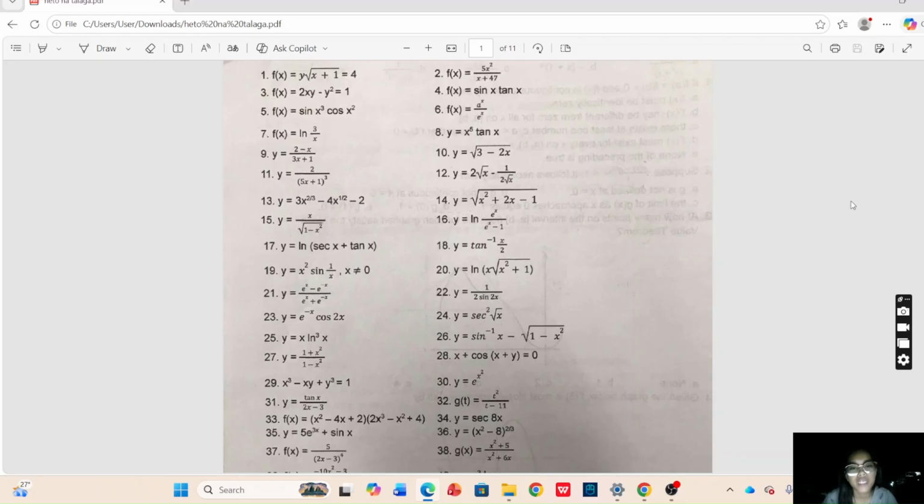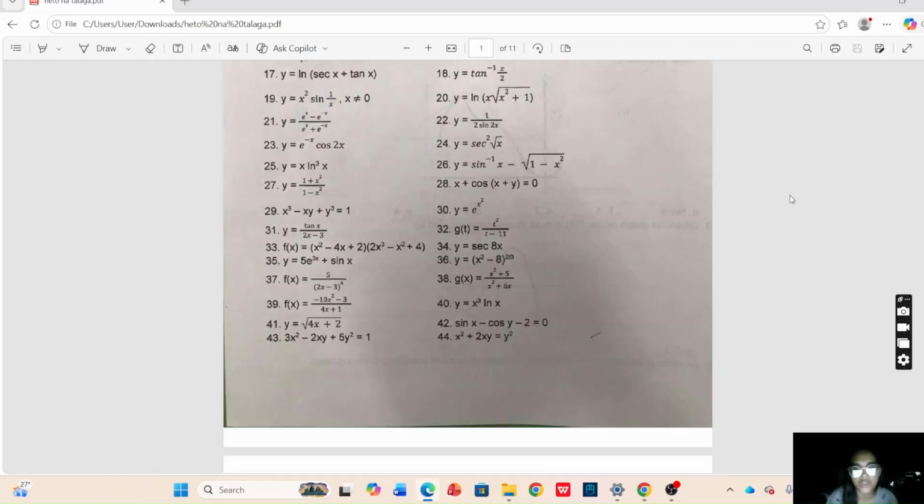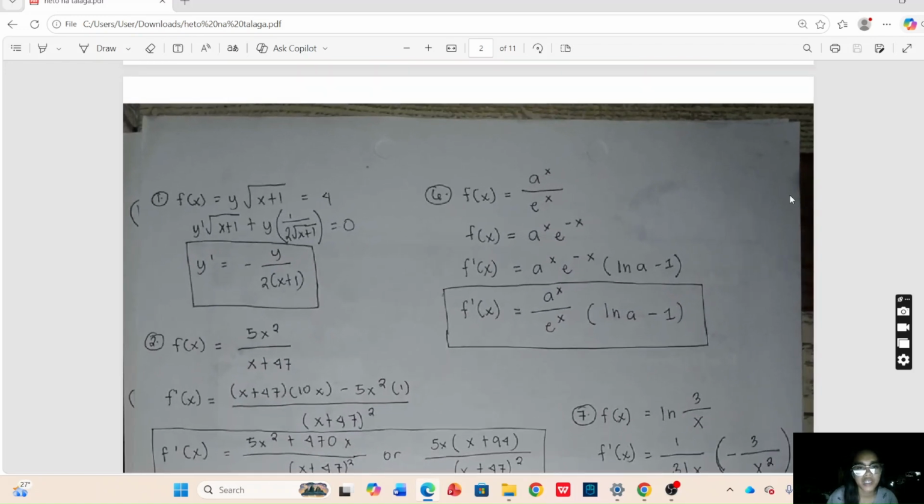I will explain each solution step by step in complete detail, and I think the process is easier to understand. So I have this set of solutions.